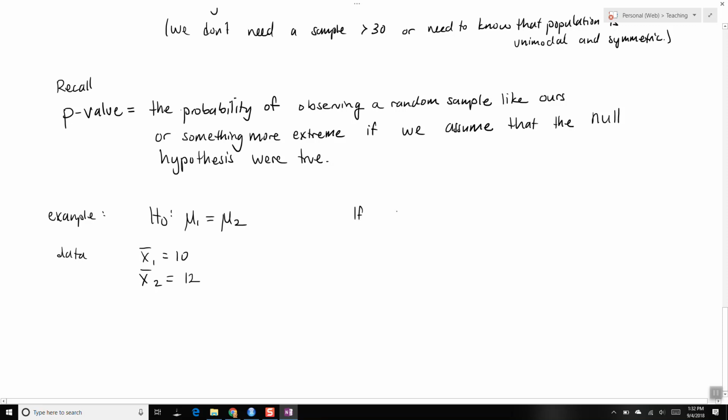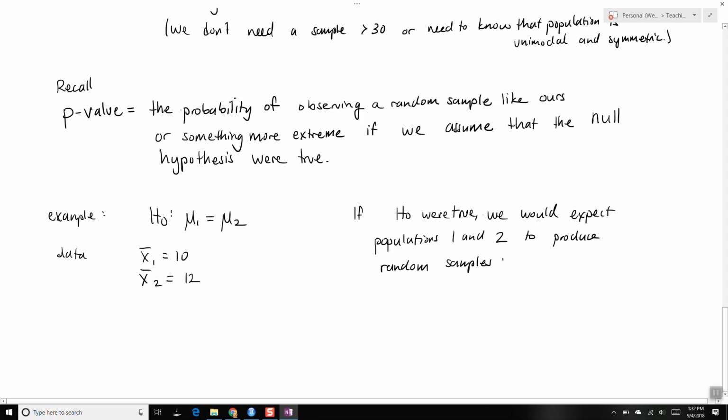So if the null hypothesis were true, we would expect populations 1 and 2 to produce random samples with means that are about the same.